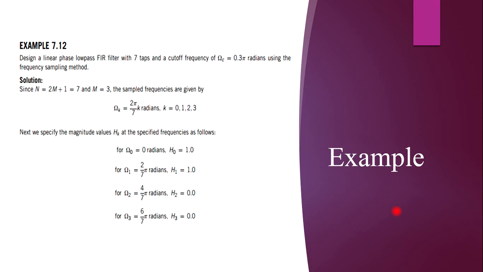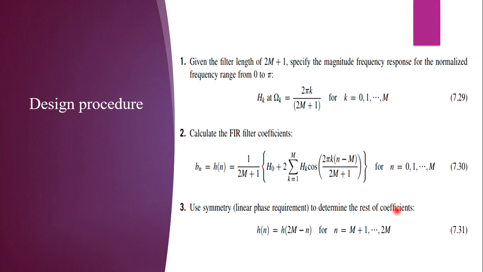First of all, we will have to calculate M. From M, we will calculate sigma k by using the following formula: 2 pi k over 2m plus 1.